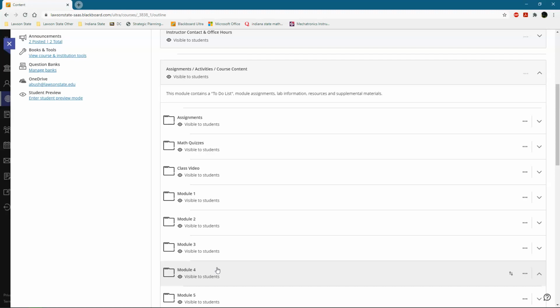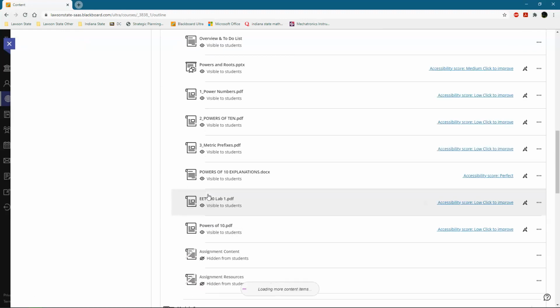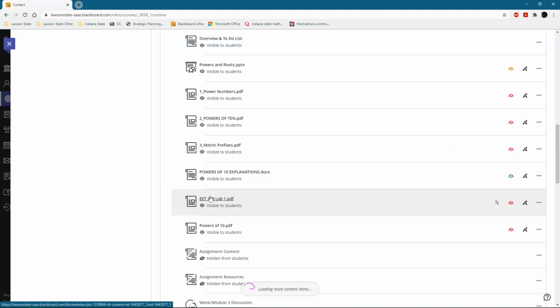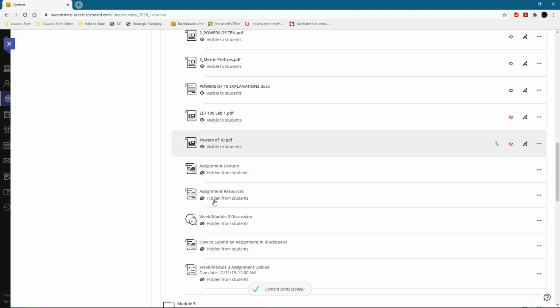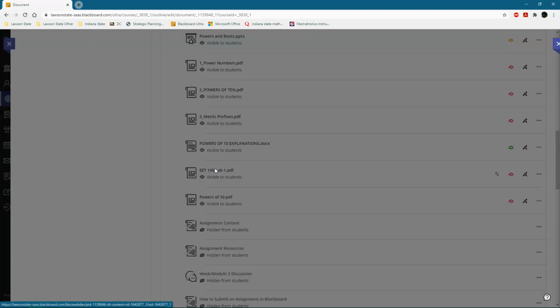And if you go under Module 4, this is where I've got some practice things for y'all to play with, including Lab 1. I thought I got rid of a bunch of this, but apparently not. I'll do it later. So looking at Lab 1, I'm going to go ahead and pull it up for y'all.